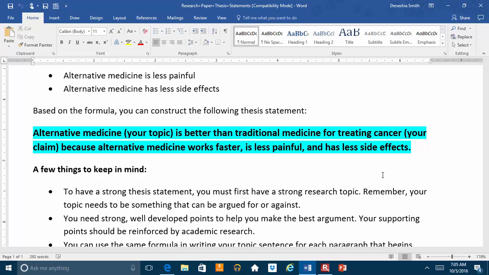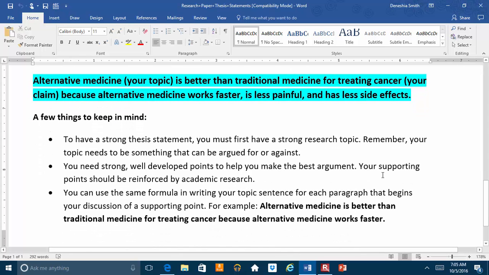You just have to make sure that the subject-verb agreement is correct. You should have your topic beginning your sentence, then include your claim, and then have your three supporting points. This is exactly how your thesis statement should be written.